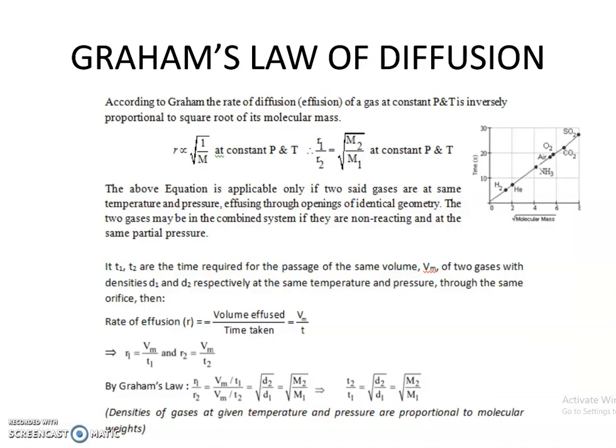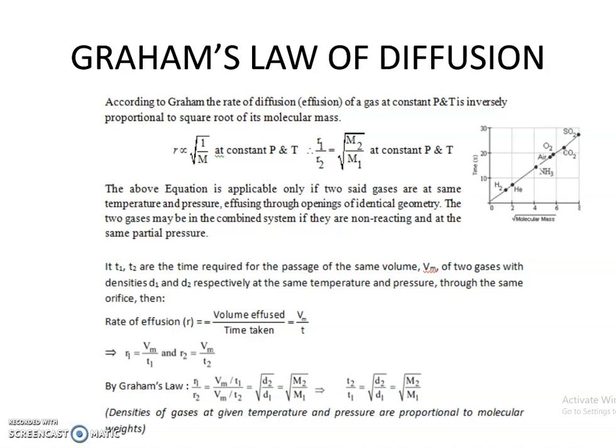Now, what does Graham's law say? Graham's law says that the rate of diffusion is inversely related to the molecular weight of the gas. For example, the molecular weight of carbon dioxide is 44 and that of oxygen is 16. Can you answer this question: is the rate of diffusion of carbon dioxide more than oxygen or less?